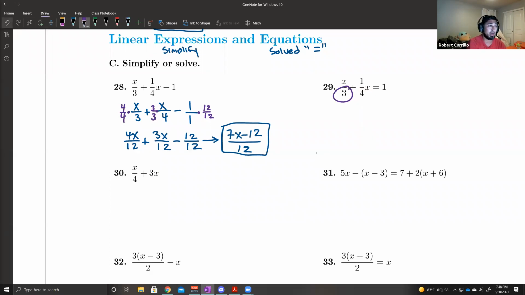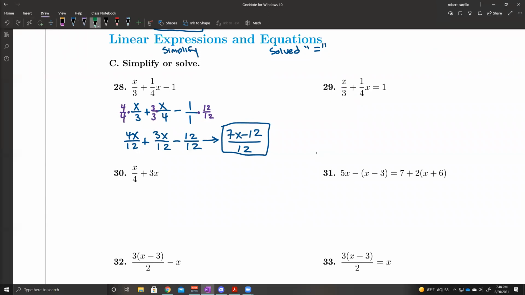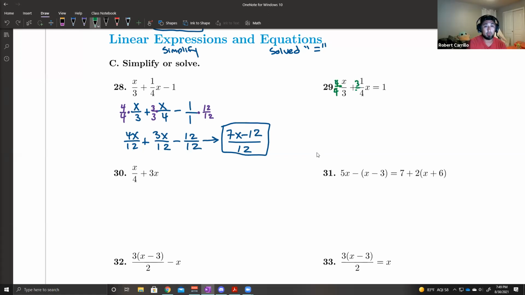And just like the last problem, what's our common denominator? 12. So we multiply this by 4 over 4. We multiply this one by 3 over 3. And we end up with 4x over 12 plus 3x over 12 equal to 1.